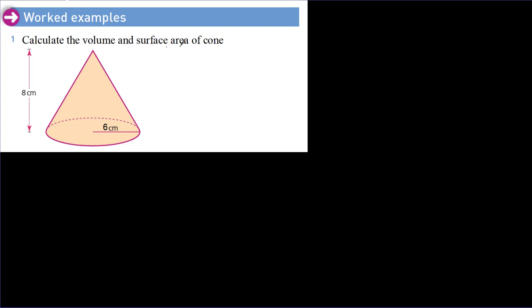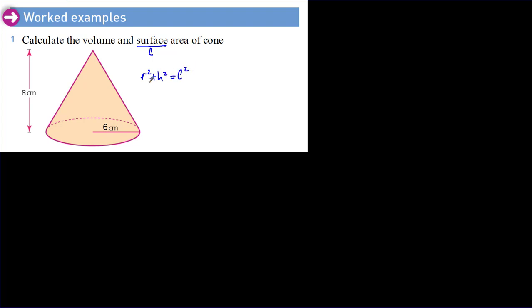If we calculate the volume and surface area of this cone, and the height is given as 8 and the radius is equal to 6, we need to find the slant height for the surface area. L is necessary only for the surface area, and we are going to find the L. But before starting that, I want to use the formula r square plus h square is equal to L square.